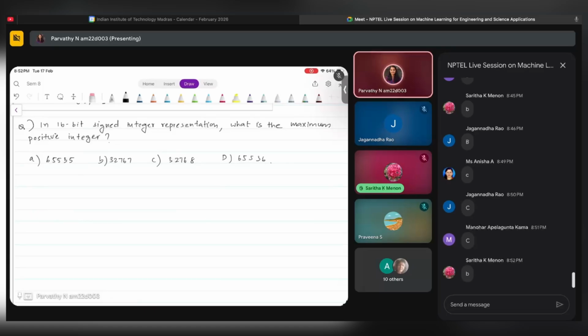In 16-bit signed integer, what is the maximum value? Yeah, so it is 32767, because it is 2 raised to 15 minus 1, where 1 bit is assigned for the sign.